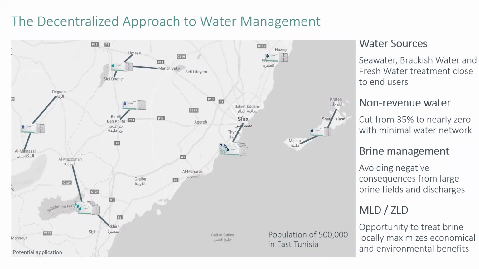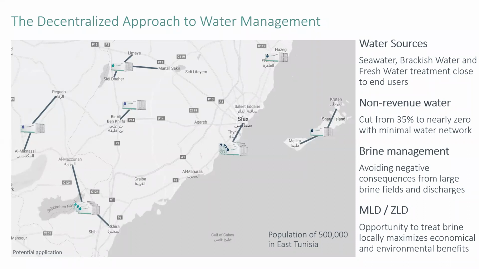This way, you distribute your water sources, and they actually reduce the risk of failure of one system to influence your entire water supply.